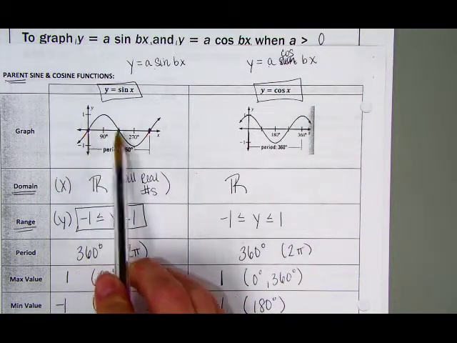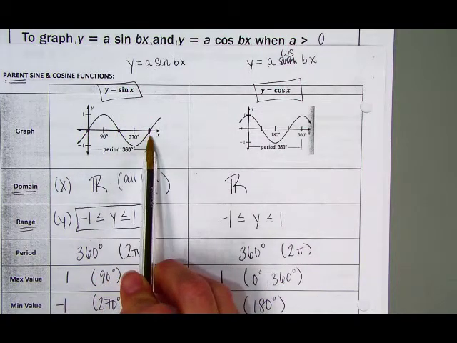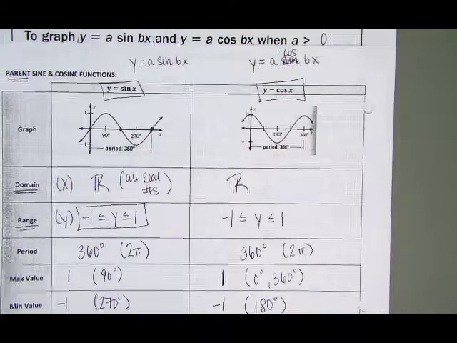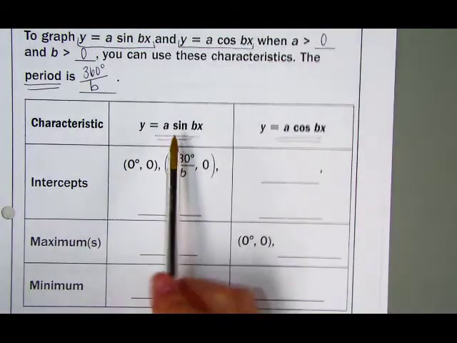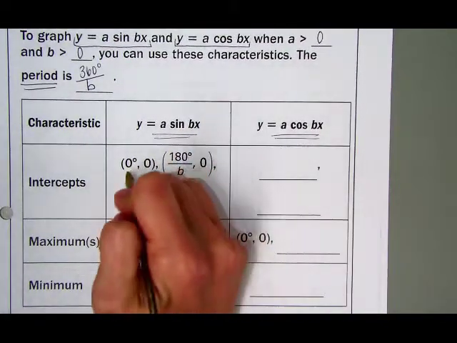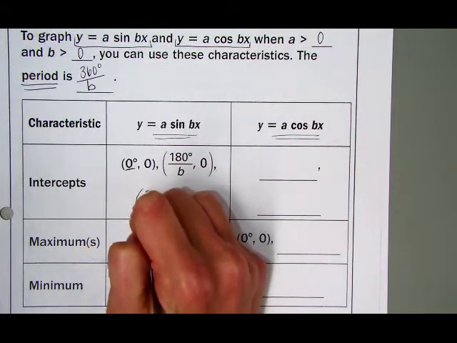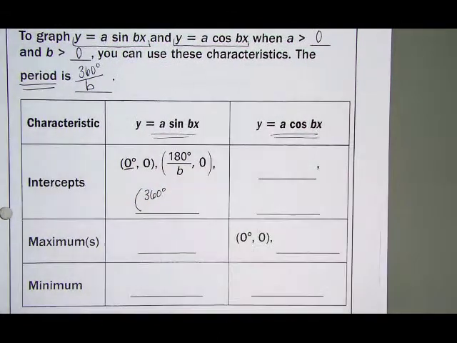And where it crosses is where our y value is 0. So our intercepts for our sine value happen at 0 degrees, 180 degrees, and 360 degrees.